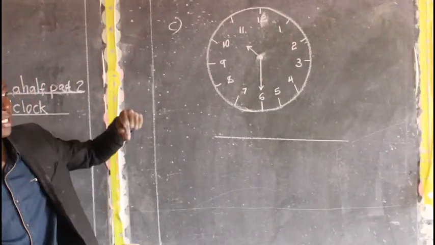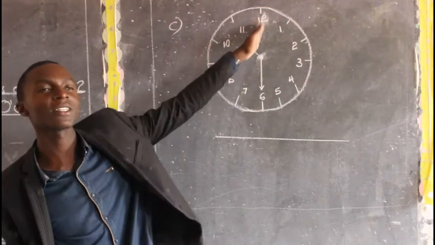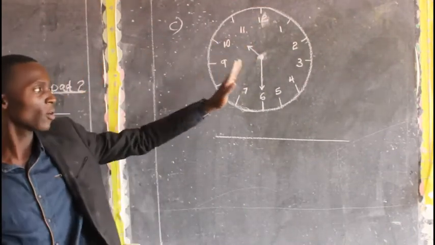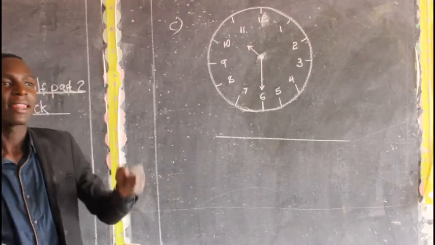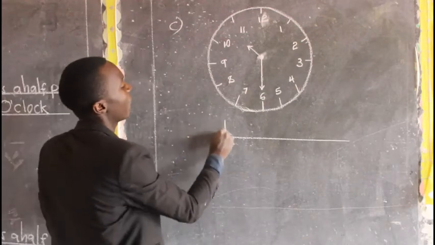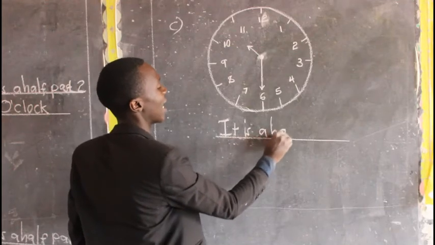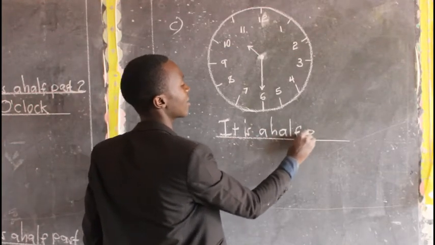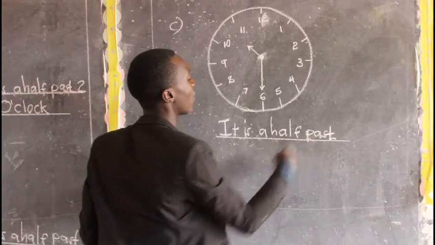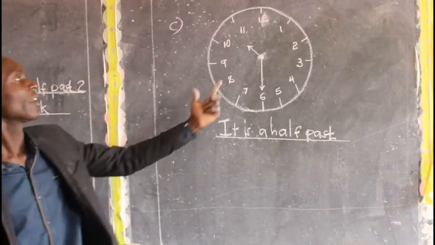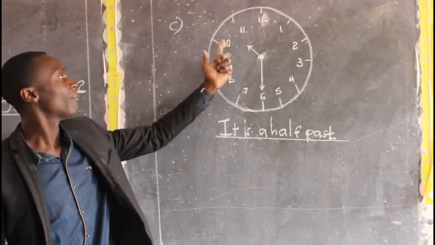We looked at exact time when the long minute hand is facing 12. But now because the long minute hand is facing 6, we say it is a half past.